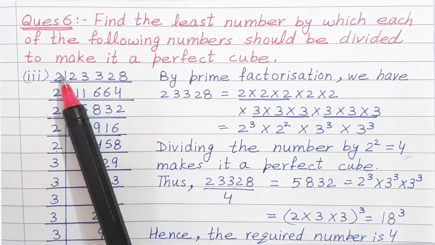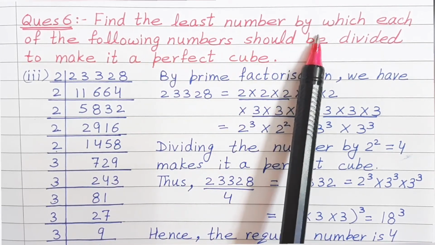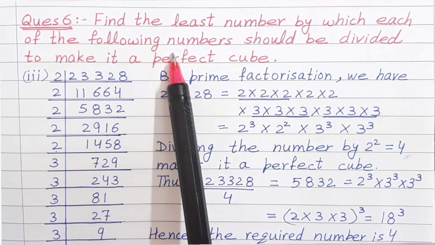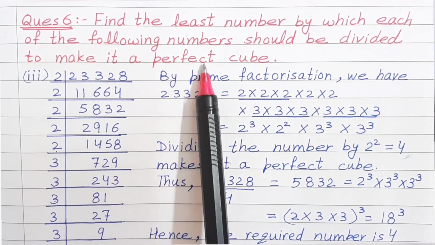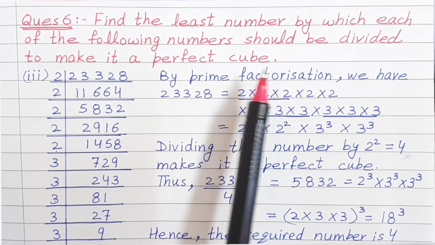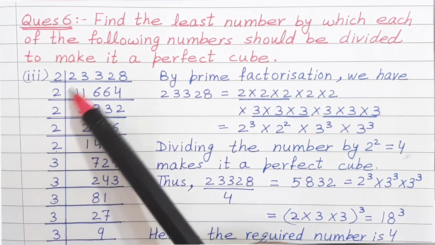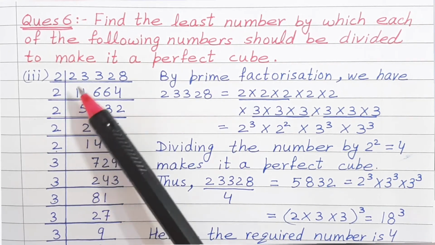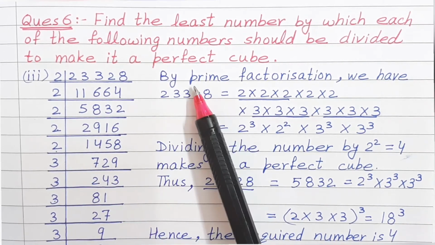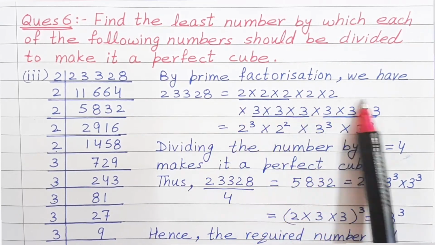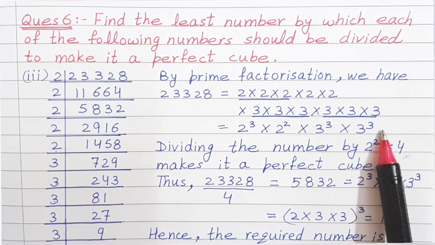Now see question number 6. Find the least number by which each of the following numbers should be divided to make it a perfect cube. Students, we follow the same procedure as we have done in the previous question. That is, by prime factorization, we'll find all the prime factors. So here you can see the prime factors are 2 cube, then 2 square, then 3 cube and again 3 cube.